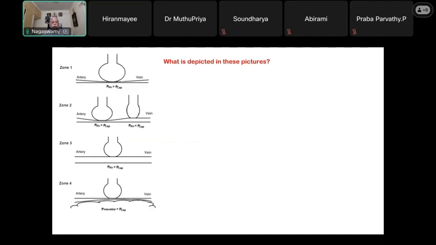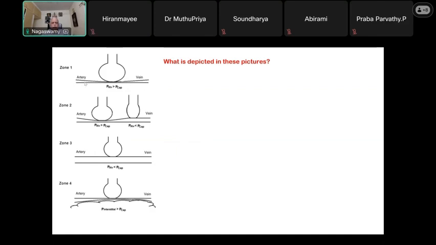So in the upper zone, middle zone and lower zone, what happens? Three important parameters are to be taken into consideration. What are the three important pressures? See, the capillary blood is coming like that. Even though they say artery, it is the pulmonary arterial blood which is coming here, which has to be carried as oxygenated blood back to the left atrium.